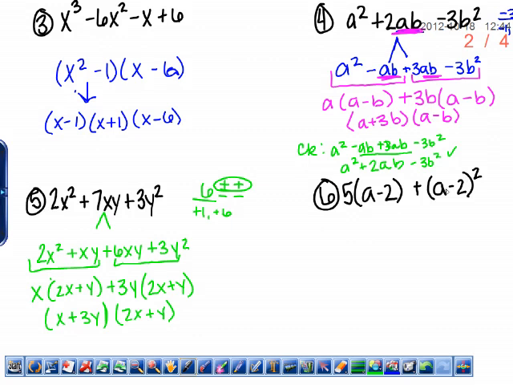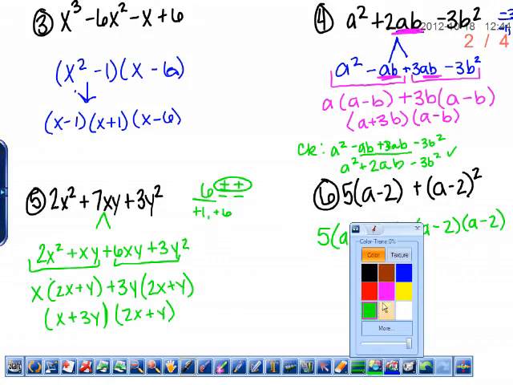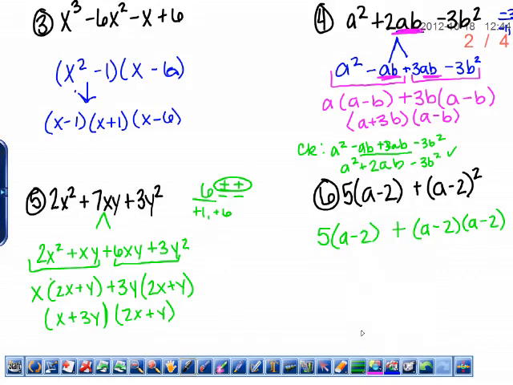What I want you to notice, how can I rewrite a minus 2 squared? How can I represent that? Yeah, so I could rewrite this as 5 times a minus 2 plus a minus 2 times a minus 2. Does anyone see what we could do? Sean? No, not necessarily.